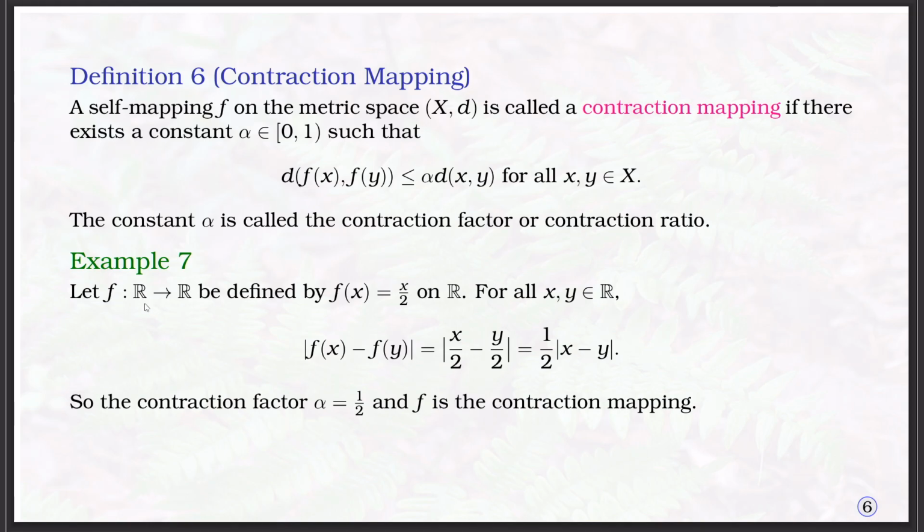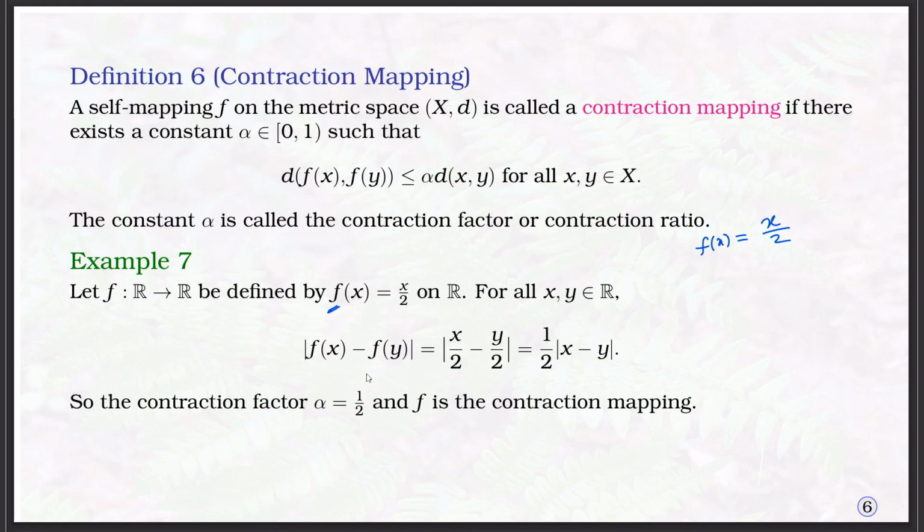f from the real number system to the real numbers is defined as f of x equal to x by 2 on R. For all x, y belonging to R, we need to show that this function is a contraction mapping. To prove this, find the distance between f of x and f of y.